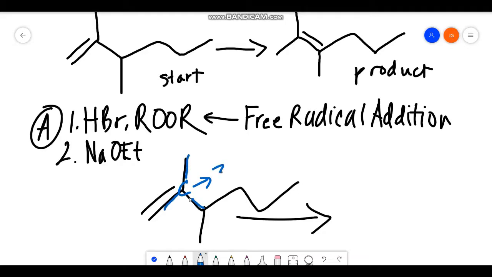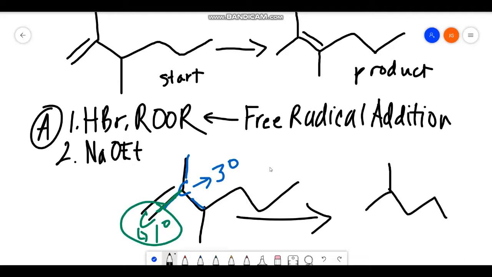So it is a tertiary carbon. This carbon over here is only bound to one other carbon, so it's a primary carbon. This means that this carbon is the less substituted carbon, and so we're going to add the bromine to that side. So I'm going to redraw this with our bromine bonded to the less substituted carbon.